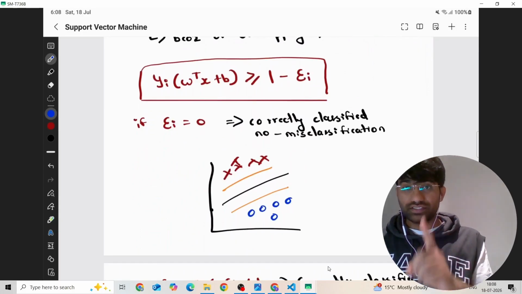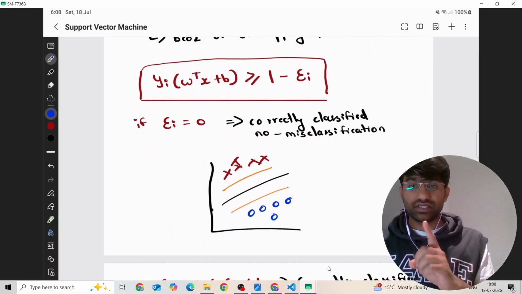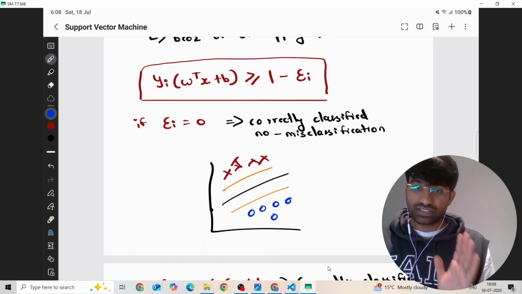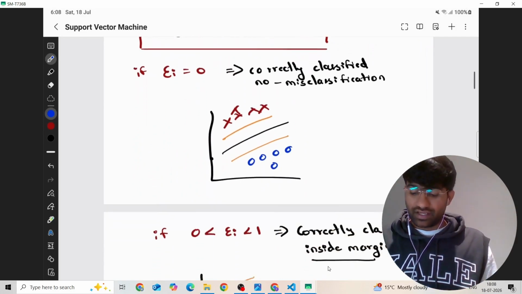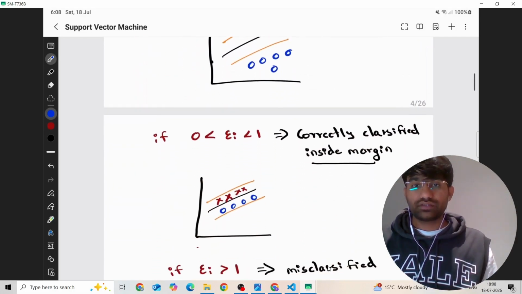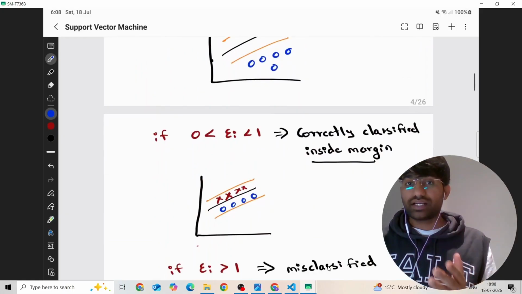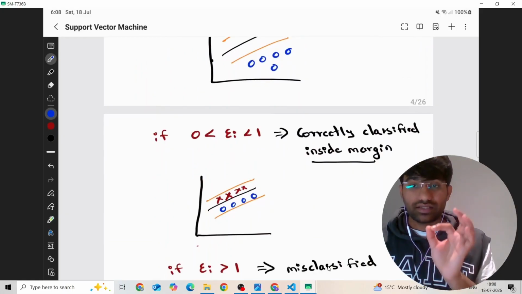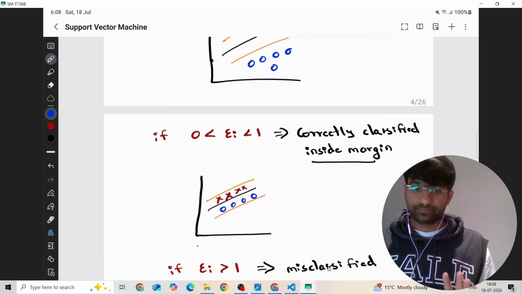If error is 0, that means the machine has made correct classifications and there is no misclassification. If error is between 0 and 1, the machine has made a correct classification, but the classified data points are inside the margin.